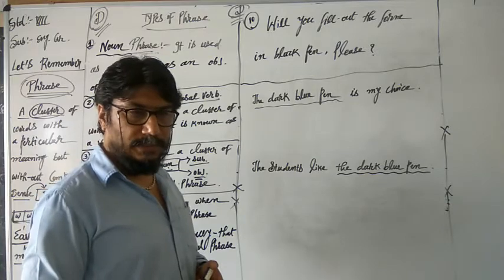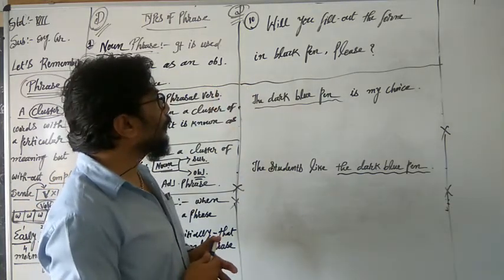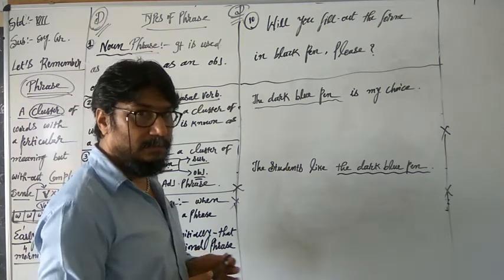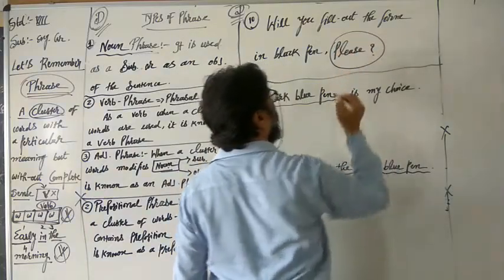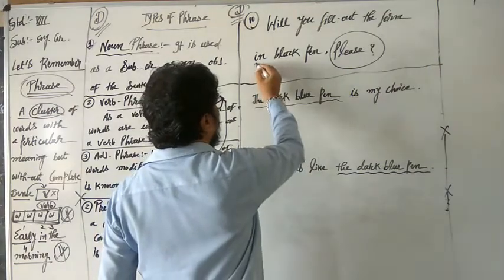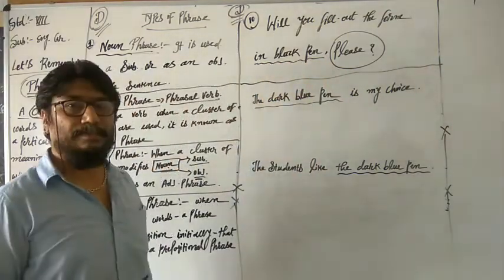Now we'll go for the next. Last one. Will you fill out the form in black pen, please? We are not concerned here with this. Leave it. The structure is an interrogative sentence. Leave it. The underlined words are in black pen.